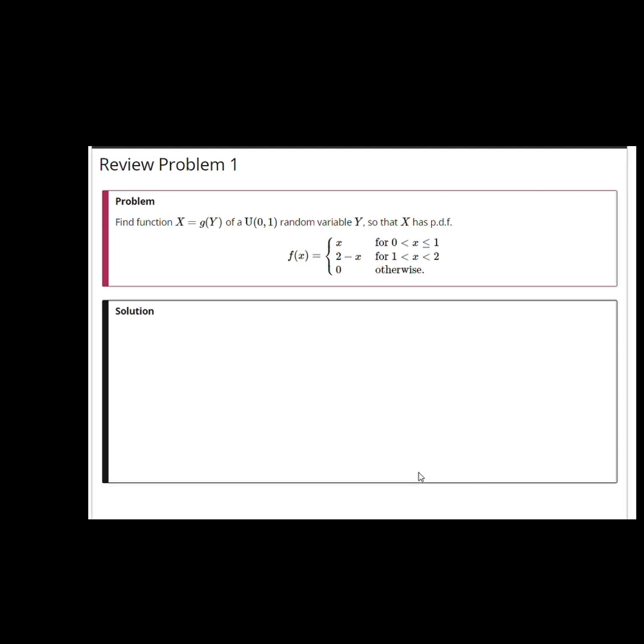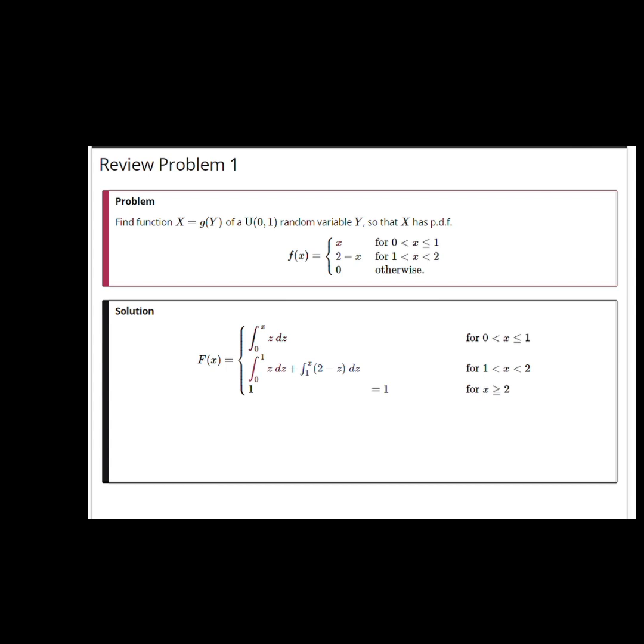Solution. Again, the first step is to establish what the cumulative distribution function is, capital F of x. It's obtained by integrating the probability density function, but in this case you have to be a little careful, because when x is less than 1, you just integrate the value of z from 0 up to x.